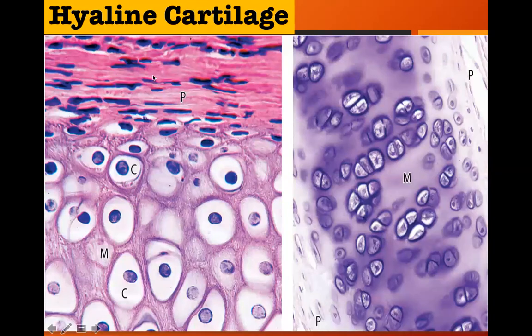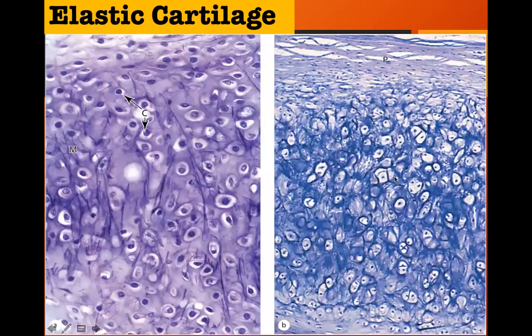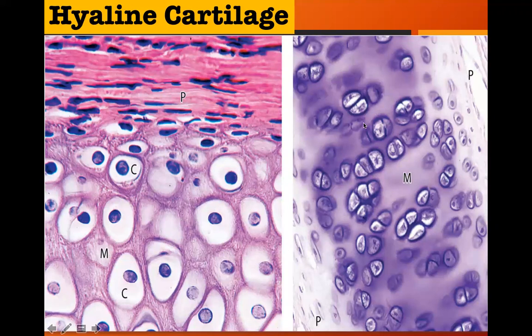Now, this is a picture of your hyaline cartilage. Look at the ground glass appearance of the extracellular matrix in the hyaline cartilage. Now, look at the elastic cartilage. What do you notice? The fibers here appear dirty, as opposed to the homogeneous extracellular matrix of the hyaline cartilage.